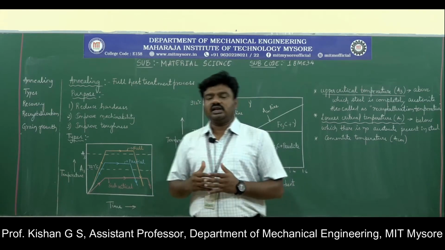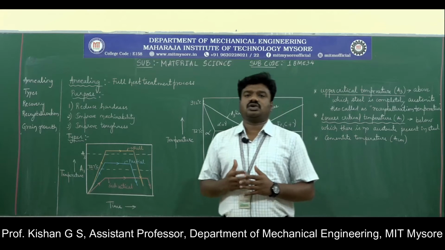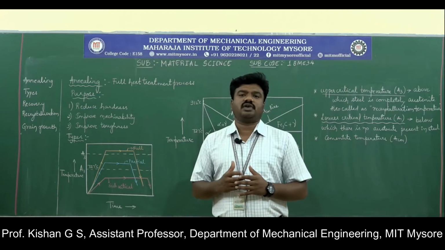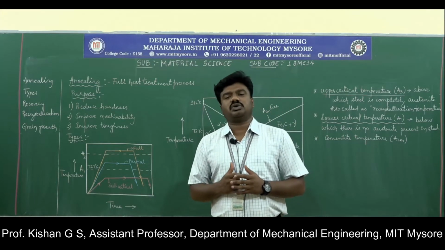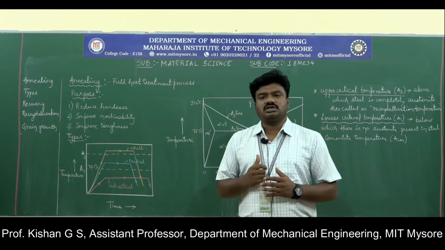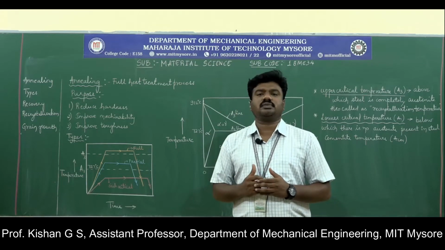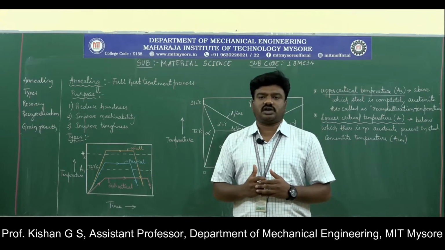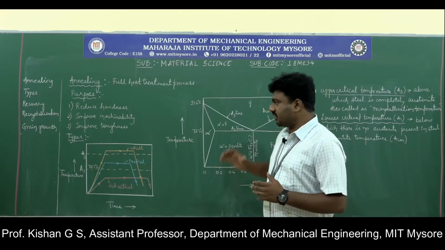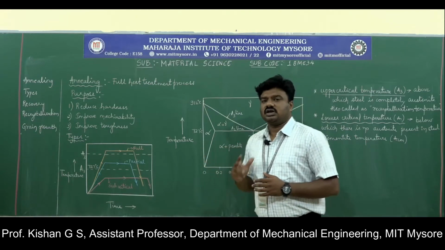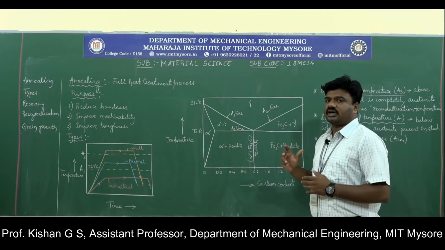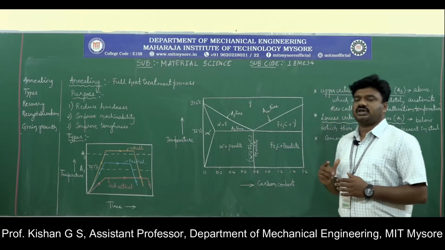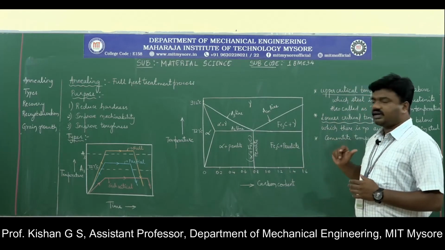In annealing we have three temperature platforms that we have to study. The first one is the upper critical temperature, the second one is the lower critical temperature, and the third one is with respect to the composition in which the material is considered. So in this study we have considered three parameters: upper critical temperature, lower critical temperature, and the third one being cementite temperature.